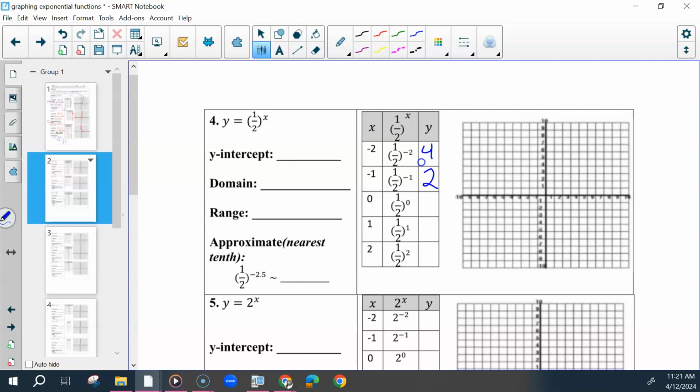What's our pattern? Dividing by 2. So this should be 1, and then dividing by 2, 1/2, and 1/4. Graph those 5 points. Okay.